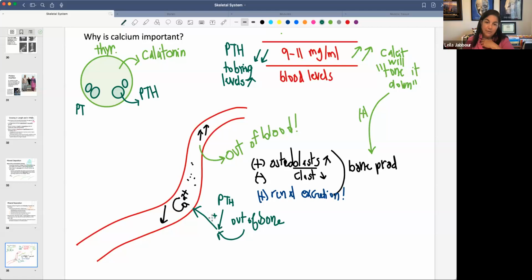That's what it stimulates. Because if we take calcium out of the bone, it's going to end up in the blood. Perfect. We're bringing these levels back up, right? This is what these hormones did. They toned the levels down or they brought the levels back up.